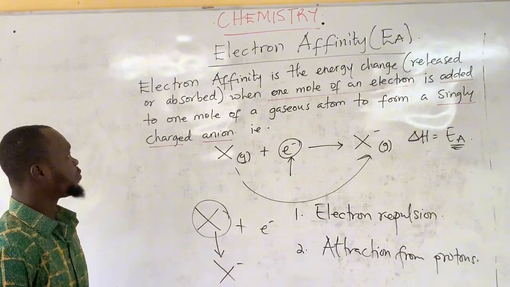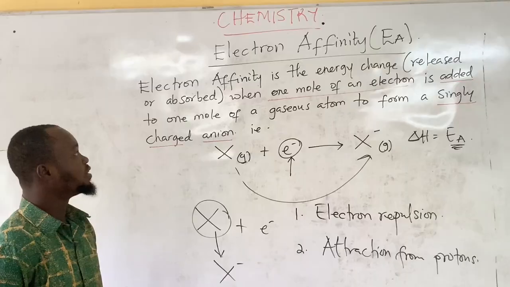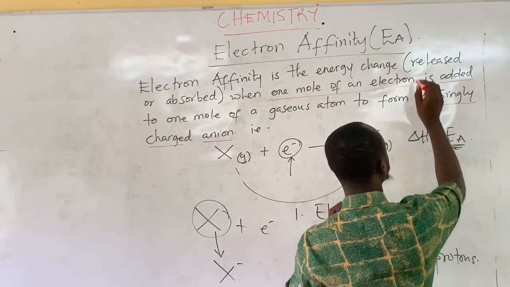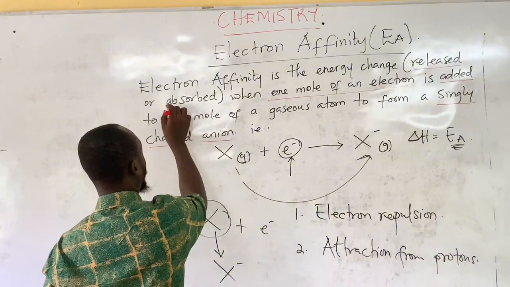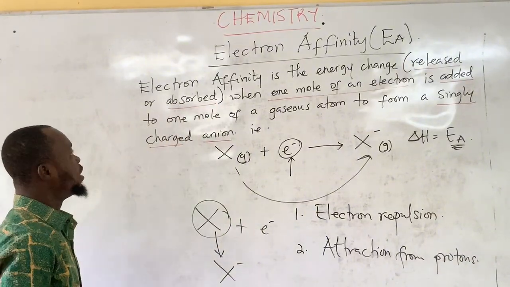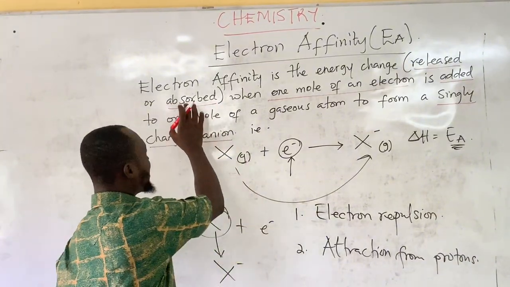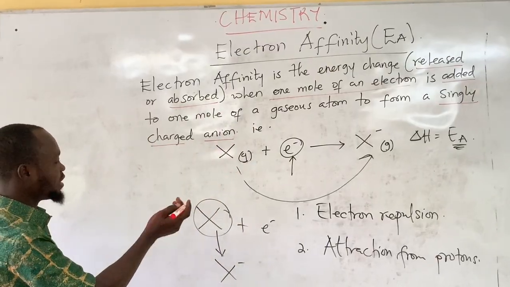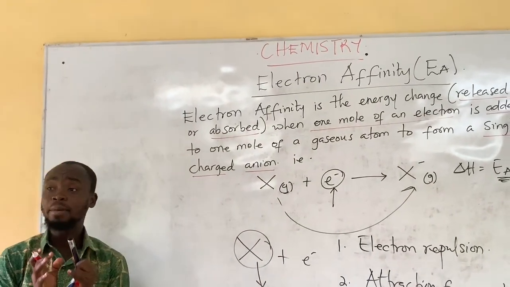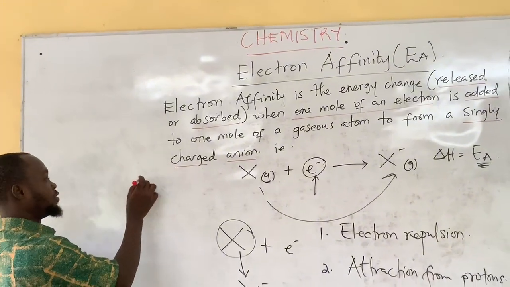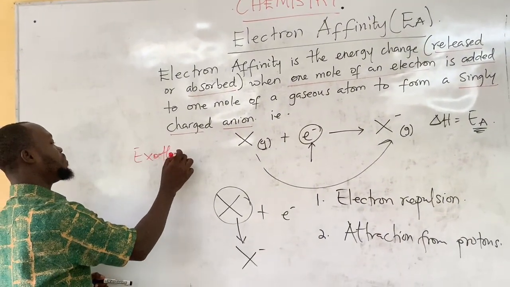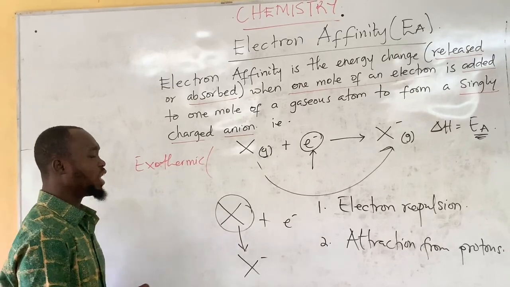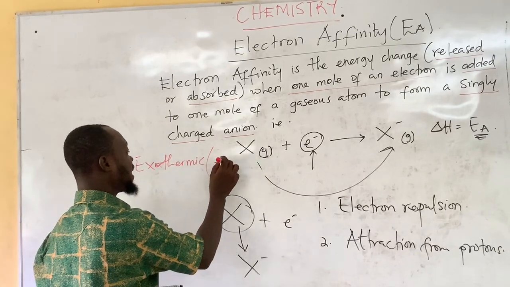In the definition of electron affinity, I did mention that it is the energy change, and I wrote here released or absorbed. Anytime the energy is released, it corresponds to an exothermic process, meaning that the enthalpy change value, the electron affinity value, will be negative.